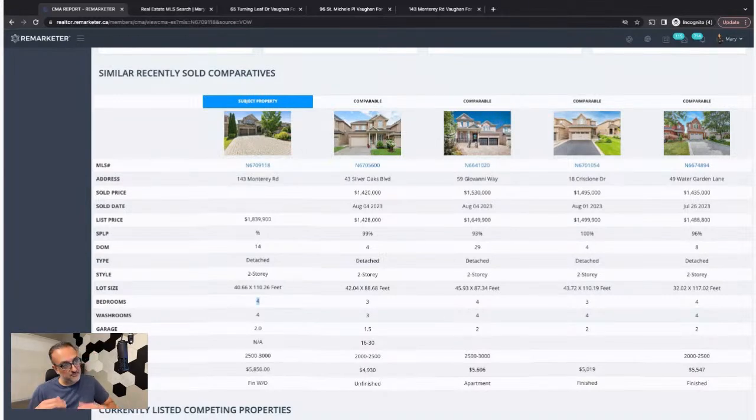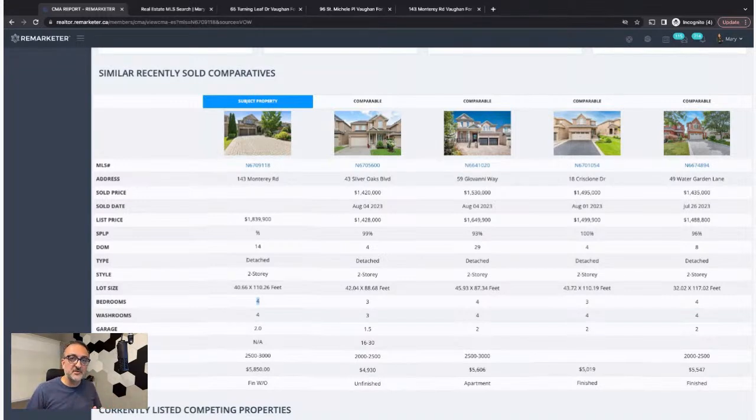Now, if I have a 5 bedroom property and there's a ton of 4 bedroom properties out there that are considerably cheaper than I am, it's going to make it hard for me to sell because most of the families are looking for 4 bedrooms. An extra bedroom is a luxury to them. So they might consider my property if it comes at the right price. But if it's not, all those properties are going to make my sale a much harder sale out there.